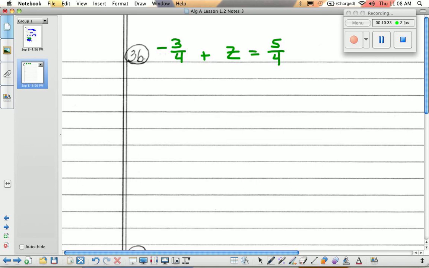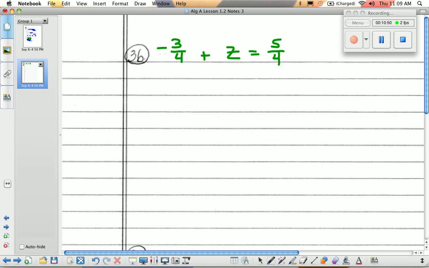Any suggestions what we should do? Add 3/4 on both sides. Why are we going to add 3/4? Because it's the opposite. What's the thing we're going to look for today? What's happening in this equation, you guys?